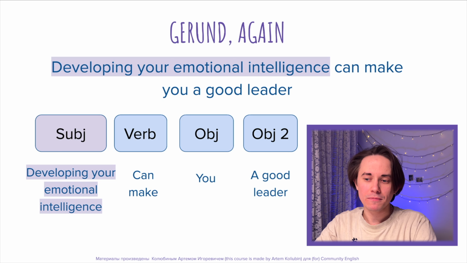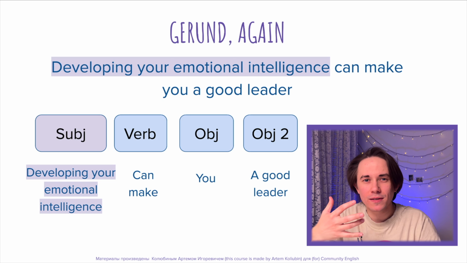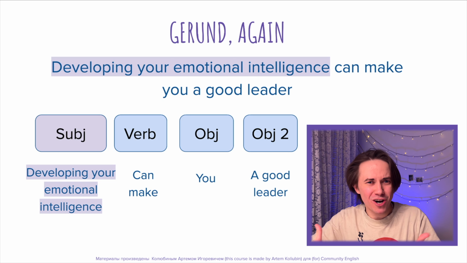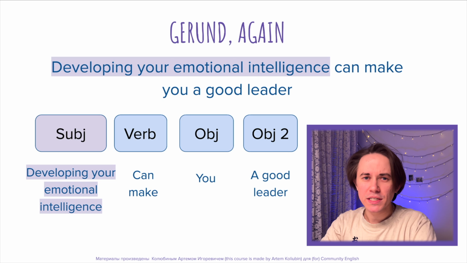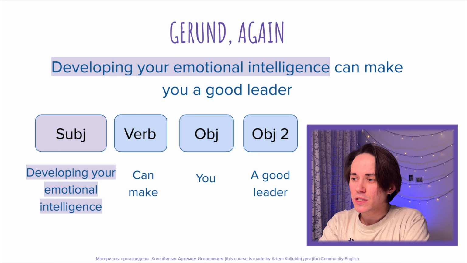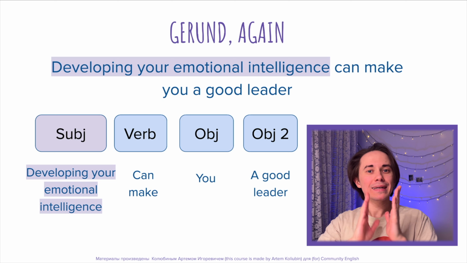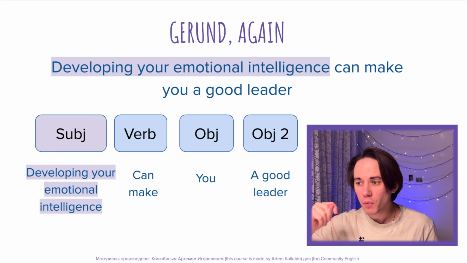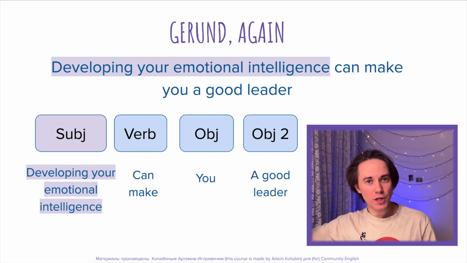Why is it important? Because here you wouldn't make any break, because we don't make a pause between the subject and the verb. It's not correct to say, developing your emotional intelligence, can make you a good leader. We wouldn't make this pause. Developing your emotional intelligence can make you a good leader.